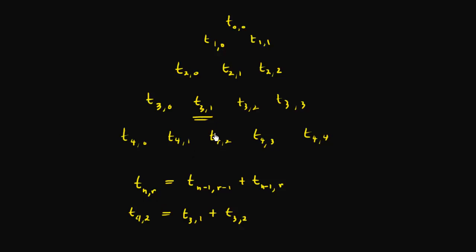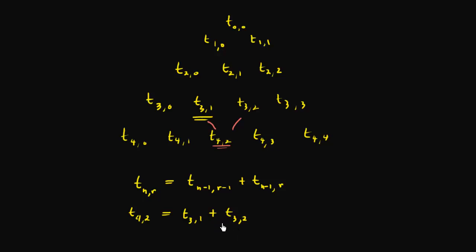Well, let's go to the entry in the row number 4, diagonal number 2. So row number 4, diagonal number 2 is right here, and it's going to be the sum of this term and this term, which is what we wrote here. So this is another way. If I have the term in row number 4, diagonal number 2, I can write that as the sum of the two terms immediately above it.